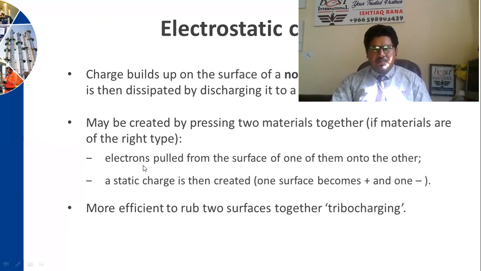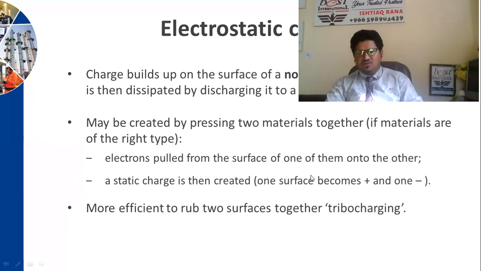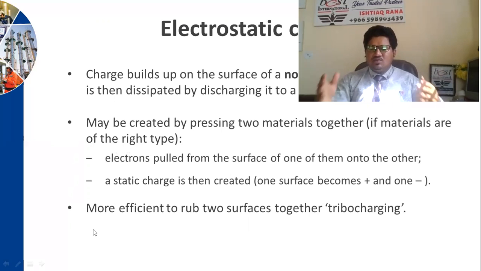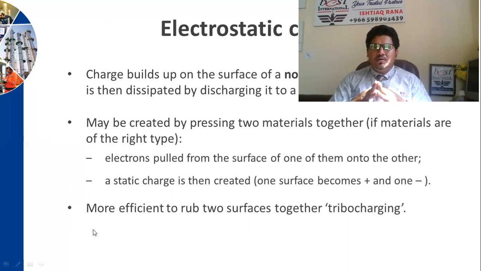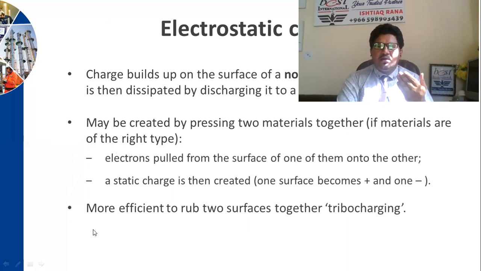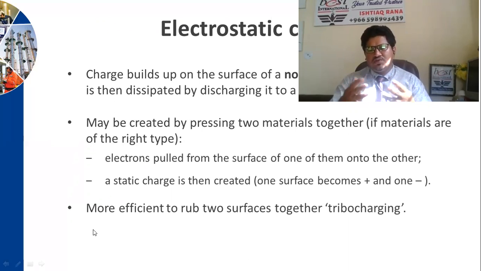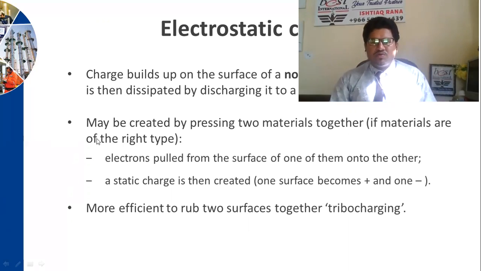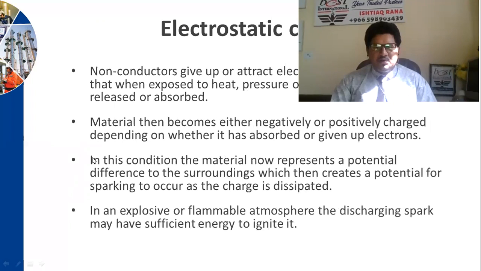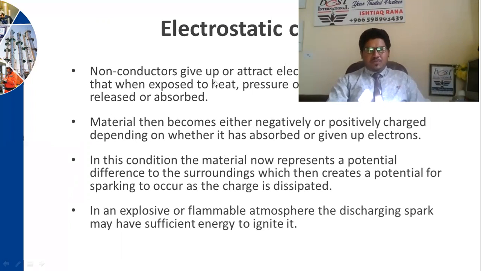If the materials are often separated, electrons are pulled from the surface of one of them into the other, and a static charge is then created. That is why, while we are filling big oil tanks, we use earthing and grounding, different kinds of methods to make sure there are no static charges or static electricity which could cause a terrible explosion.